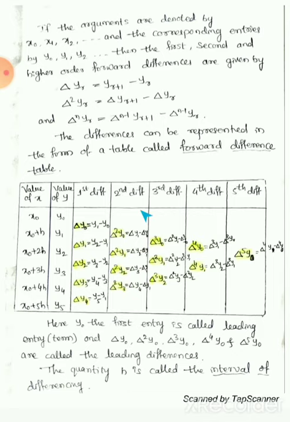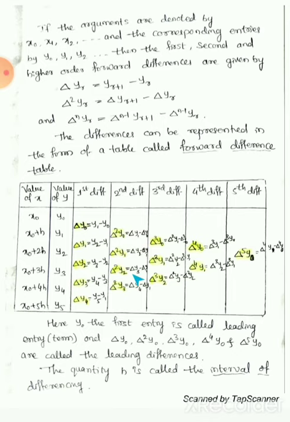Similarly, the second difference you can calculate for your function, denoted by del square y naught, meaning the second difference of the first value, y naught. This is also the same, next value minus previous value, that is del y1 minus del y naught.